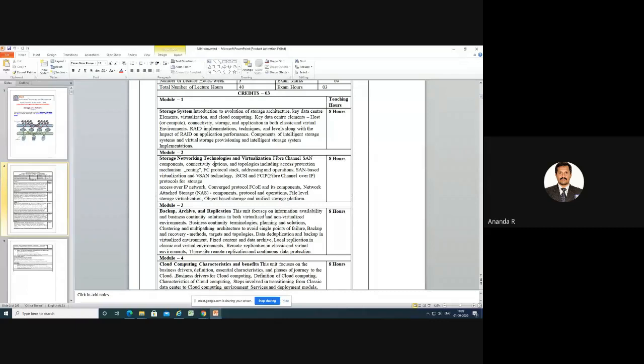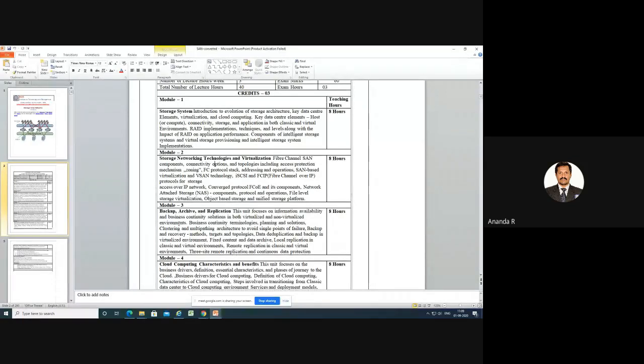This unit focuses on information availability and business continuity solutions in both virtualized and non-virtualized environments. So there are two different environments now: one is the virtualized environment and the other is the non-virtualized environment. This unit is completely focused on information availability and business continuity solutions.